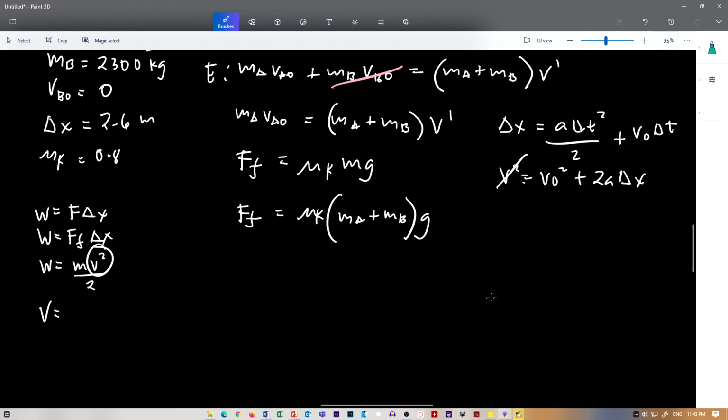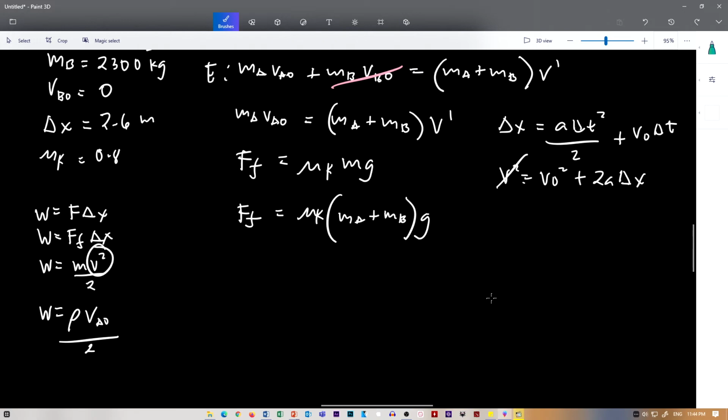So this will become work is equal to rho times velocity, which is in this case our initial velocity over 2. Okay, you got that, since rho is mass times velocity, which is this one.